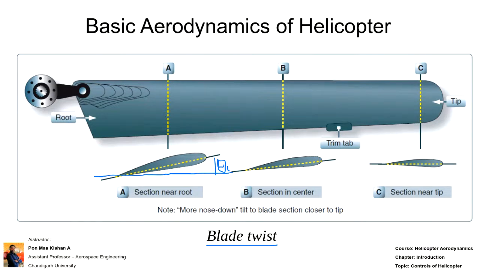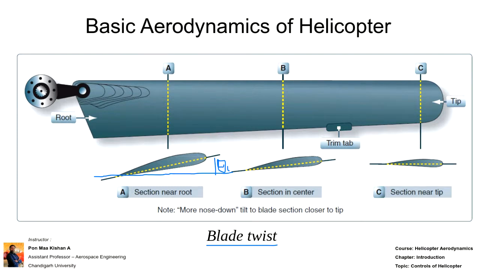If I use theta I as the incidence angle, then the incidence angle in the A section will be different, the B section will be different, and the C section will be different, like how we did in aircraft, with wing incidence and tail incidence. In order to make the helicopter blade twist, the incidence angle is changed section-wise, so that the blade has a twisting angle. Twist affects performance.